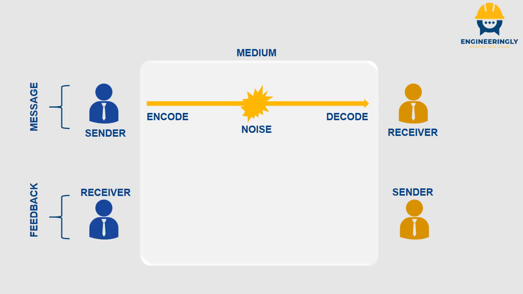And you on this side become the receiver. They encode the feedback and send it to you. There might again be noise on the way of the message. Once the message is received by you, you decode the message. You interpret the message for yourself. So this is how the communication model works.